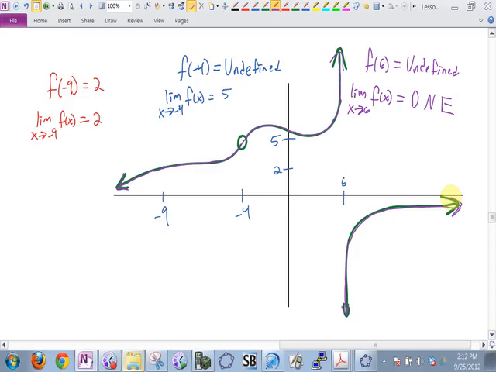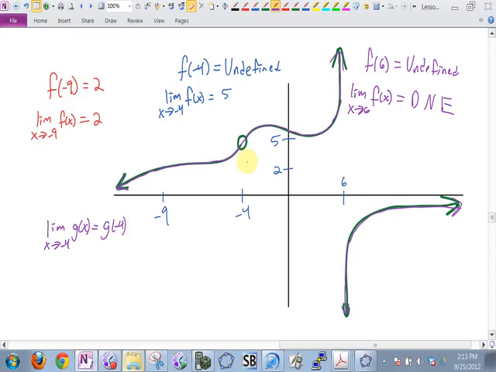How would you evaluate the limit? So let's pretend the purple function is g of x. How would you evaluate the limit as x approaches -4 for the purple function g of x? By just plugging it in. Am I allowed to just plug -4 into the function g of x to evaluate that limit? Yes. Why? Because it's continuous.